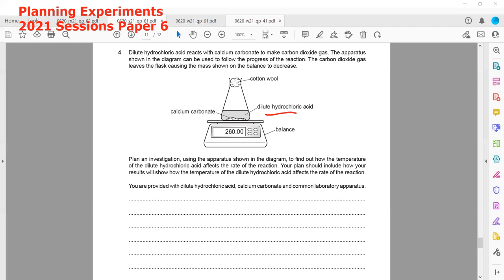And record the change in the mass in 3 minutes or 5 minutes, and we'll repeat the experiment at a different temperature. So the first part, you can mention a specific volume, or you can also mention to take the same amount of acid for each experiment.